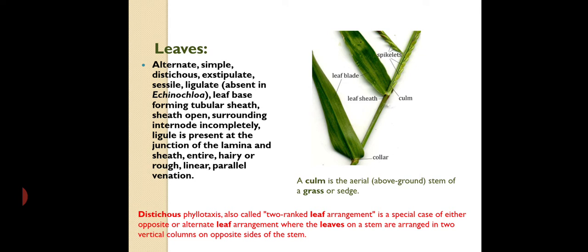Coming to the leaves, leaves are alternate, simple, distichous. Distichous means that even though the arrangement is opposite or alternate, sometimes the leaves are arranged in 2 margins on both sides of the stem, then it is called distichous.